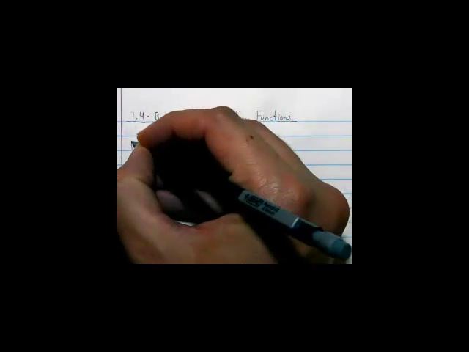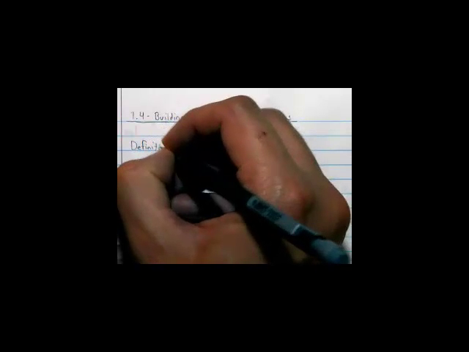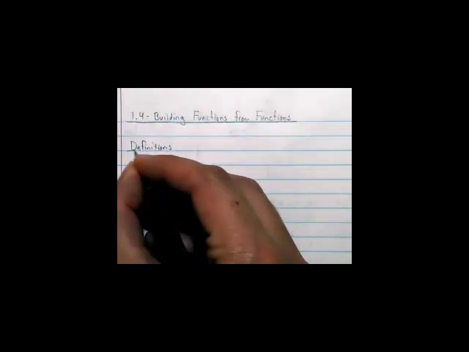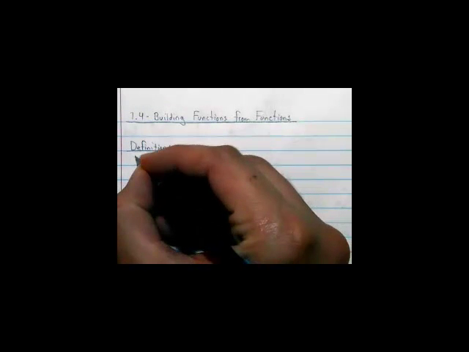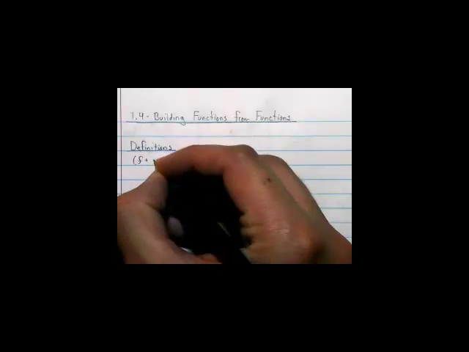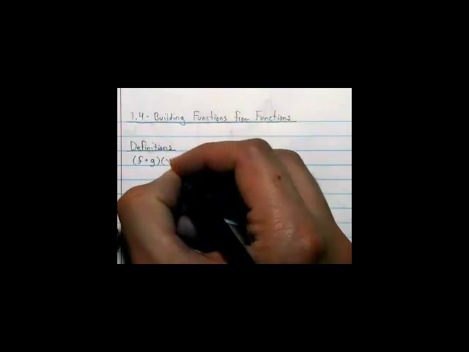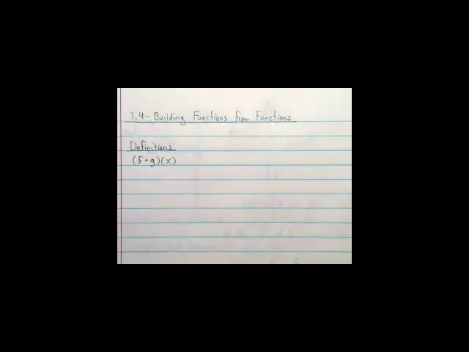All right, so first thing we'll look at is some definitions of using operations with functions. It's mostly just a notation thing. So if you see this sort of thing, f plus g of x is how that's read.